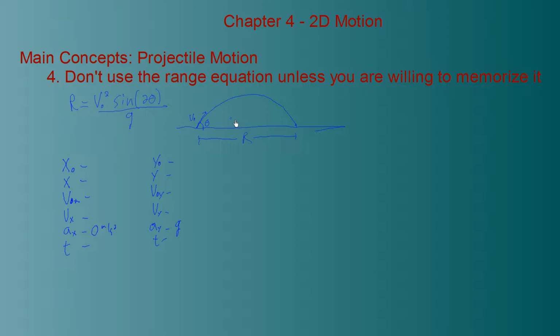What I'm going to do to get this equation, though, is to actually only use half the range. And why I do that is because I know the speed up here in the y direction is 0, whereas if I just do the whole range, the speed here and the speed here are the same, just in opposite directions for the y speed. And that doesn't help me at all, because I don't get a change in speed.